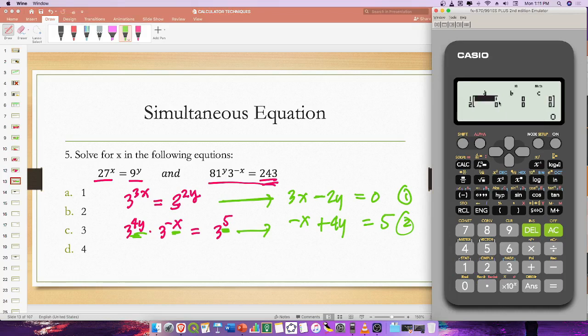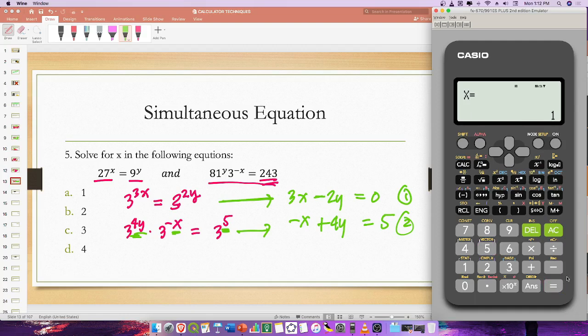Now you will input all the coefficients here. For the first equation, we have 3 as our coefficient for x, we have negative 2, and c is equal to 0, so we input 0. Next, we have negative 1, we have 4, and we have 5. Then press the equal sign, and you have the value of x.